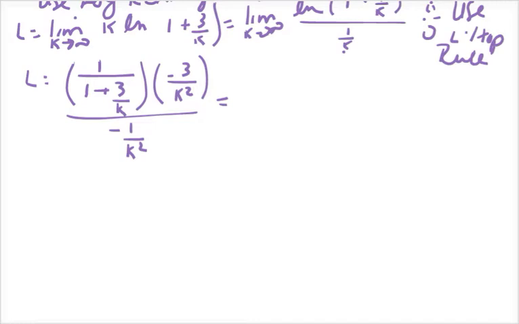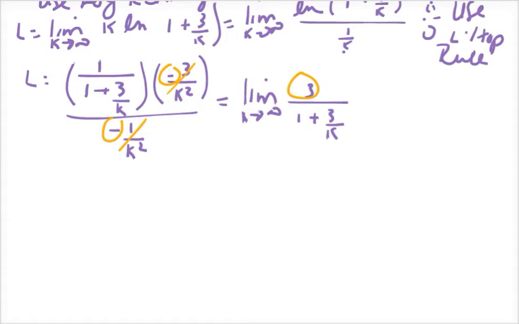Algebraically reducing this, you get the limit as k goes to infinity of 3 over 1 plus 3 over k, because these are going to cancel out. You're left with a negative and a negative, so a positive 3 over 1 plus 3 over k. So that 3 over k goes to 0, and this limit is equal to 3.